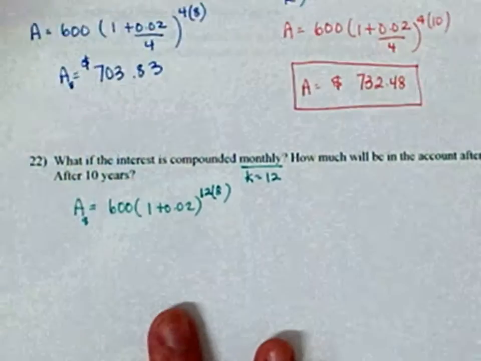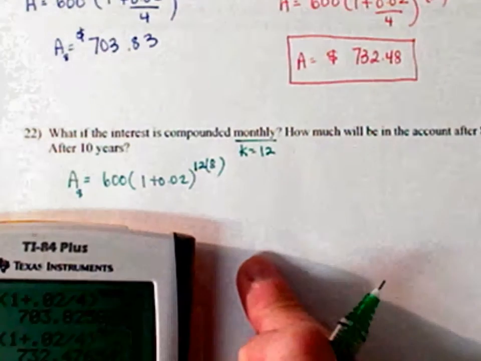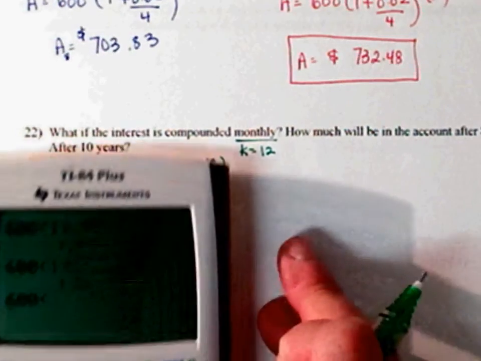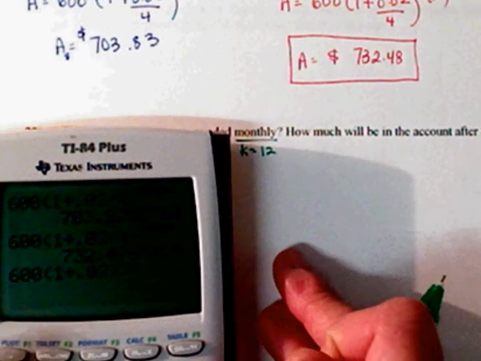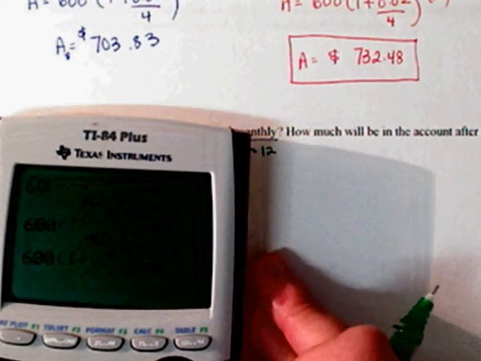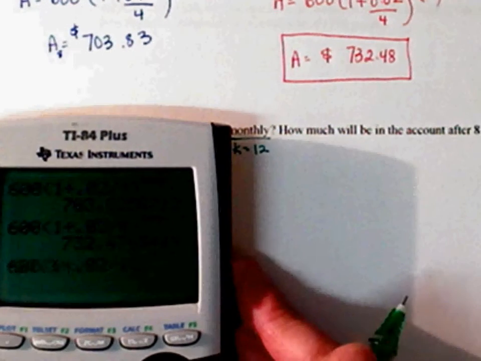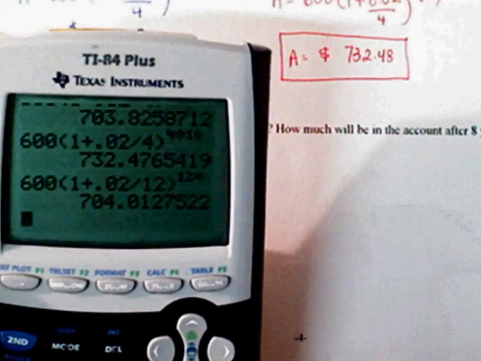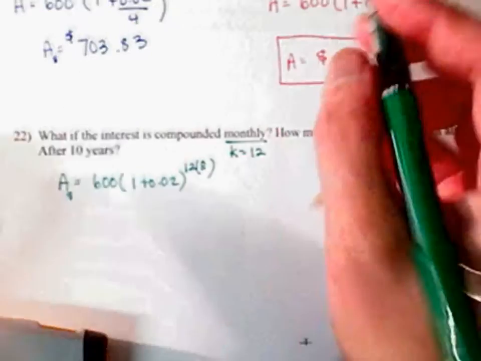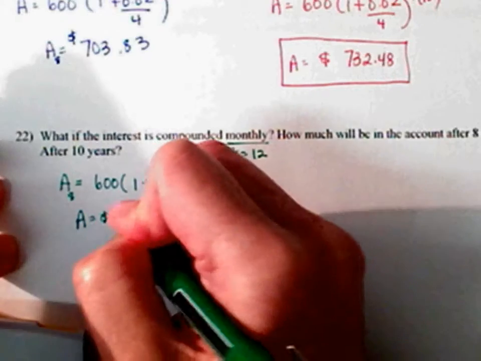Okay. Type into your calculator, 600, 1 plus 0.02, oops, divide by 12, raised to the 12 times 8. That's what I have, okay? That's $704.01.